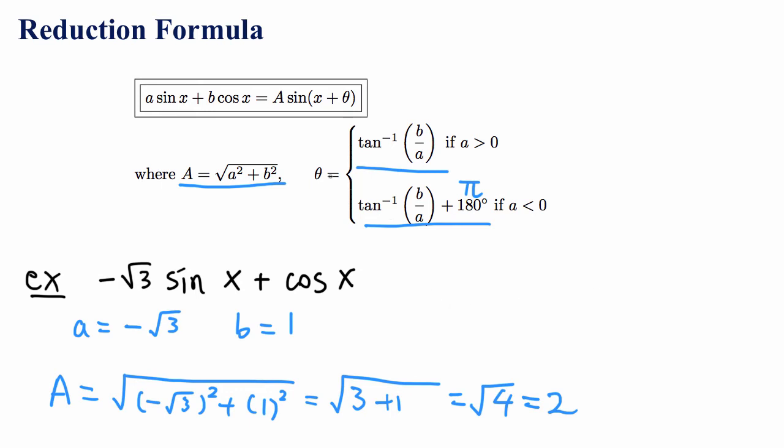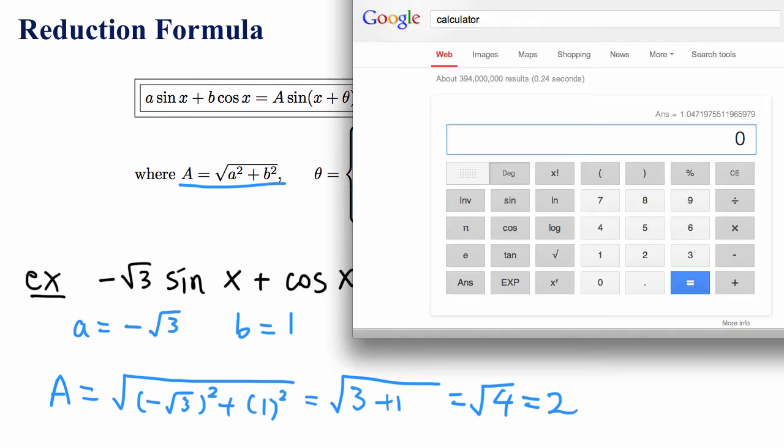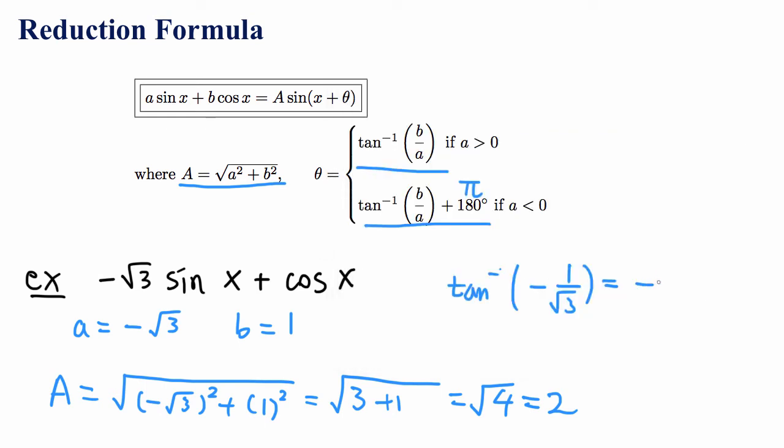Okay, now let's figure out the value of theta. For theta, we compute the inverse tangent of b over a. So b over a is 1 over negative square root of 3. So the inverse tangent of negative 1 over square root of 3 is, let's bring up a calculator. The inverse tangent of negative 1 over square root of 3, and the value is negative 30 degrees.